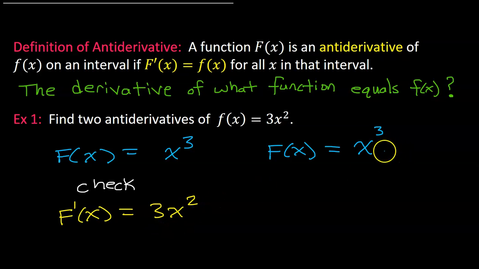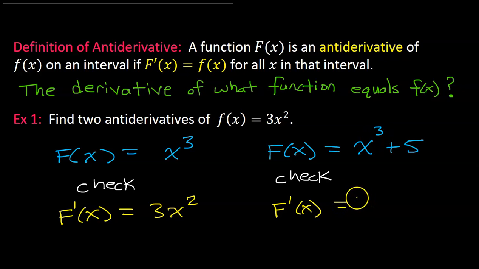Well, what if I just added something on the end? Maybe, let's say I put a plus 5 on the end. Would this still work? Let's check. Let's do capital F prime. Let's take the derivative and see if it still gives us 3x squared.